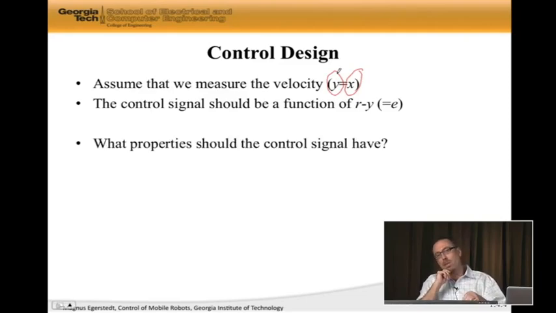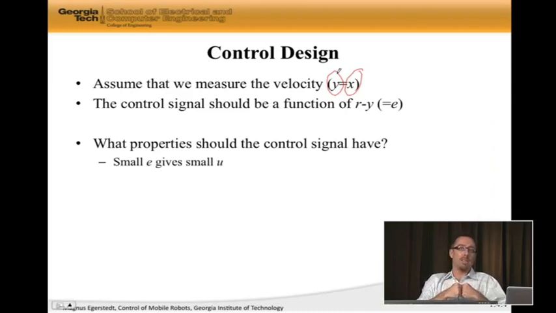So before we do the actual design, let's discuss a little bit about what properties a useful controller should have. Well, one property is that the controller should not overreact. If the error is tiny, we're almost perfect in terms of the velocity of the car, we should not have a large control signal.